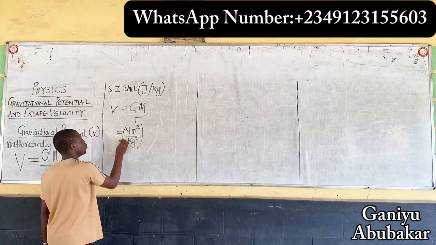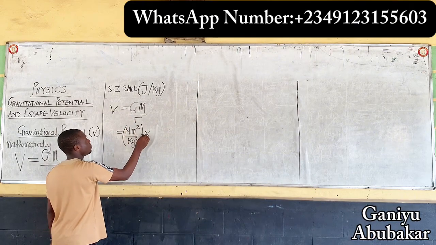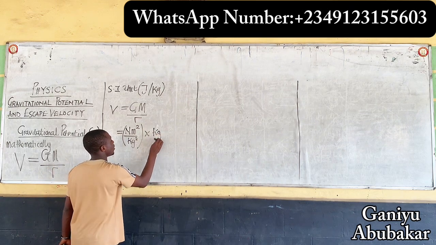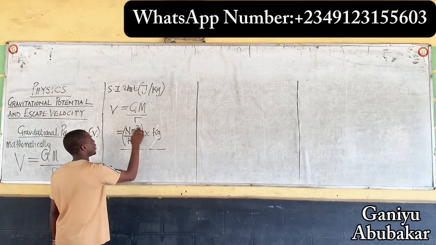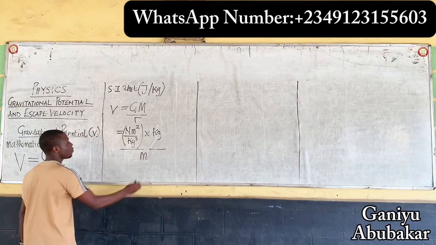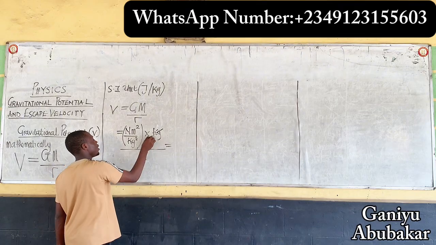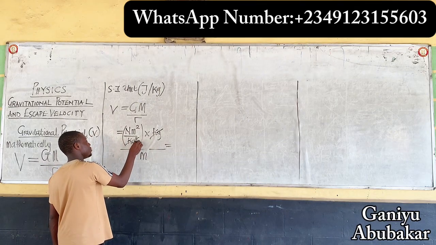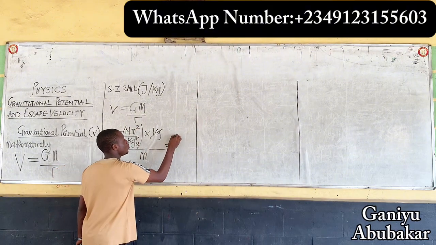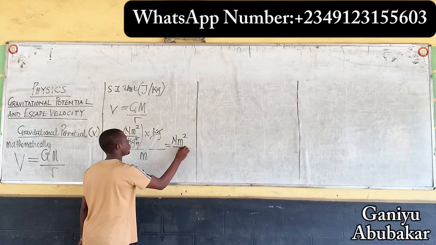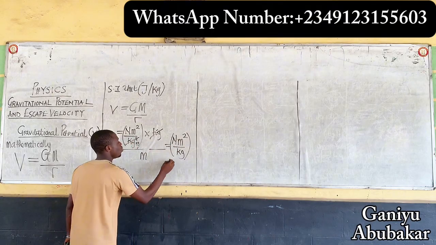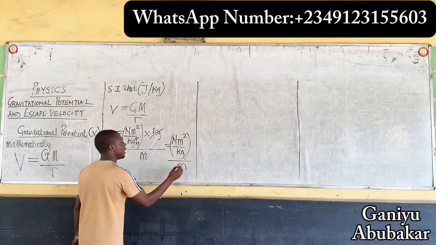Times the mass, which is in kilogram, all over R, which is in meters. From here it's clear that one kilogram will cancel, leaving Newton meter square over kilogram in the numerator, all over M.